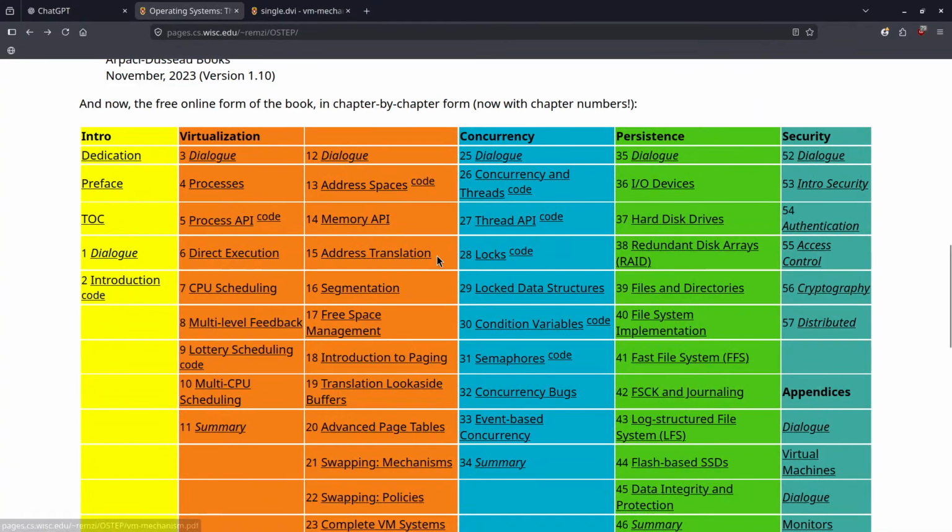Last time we stopped here in chapter 15, address translation, after we learned about what is an address space and some stuff about the memory API, which I already knew, except the fact that malloc is not necessarily a syscall.